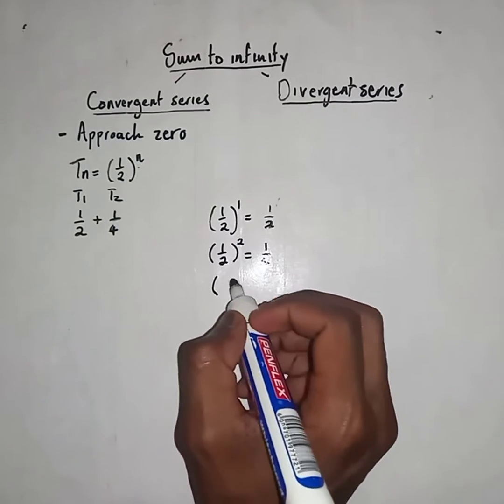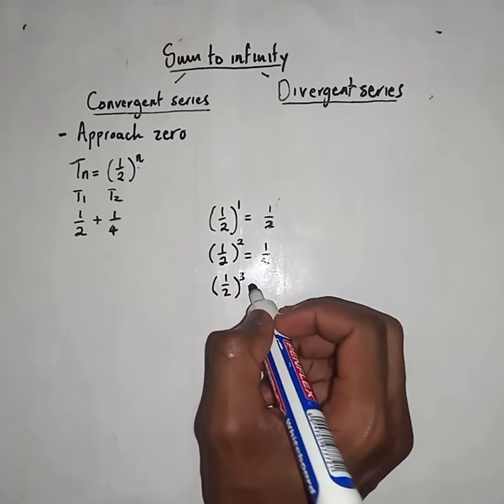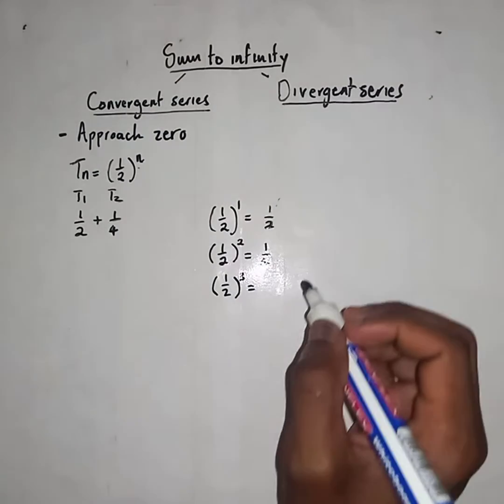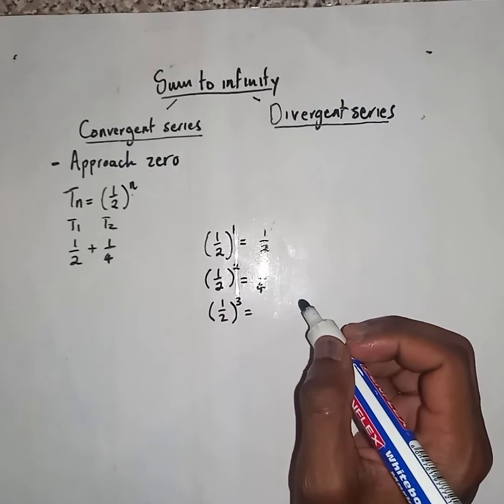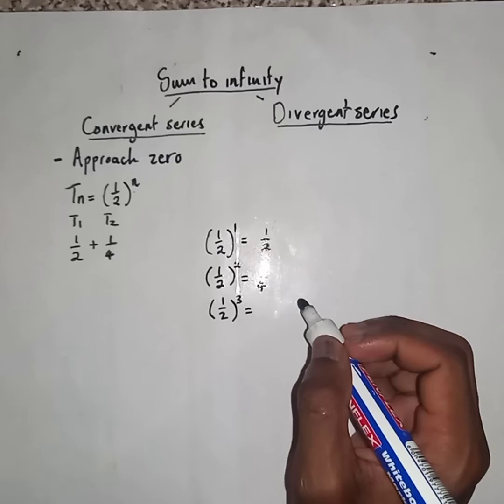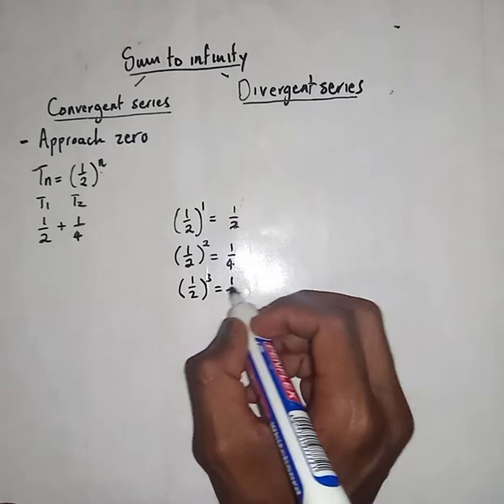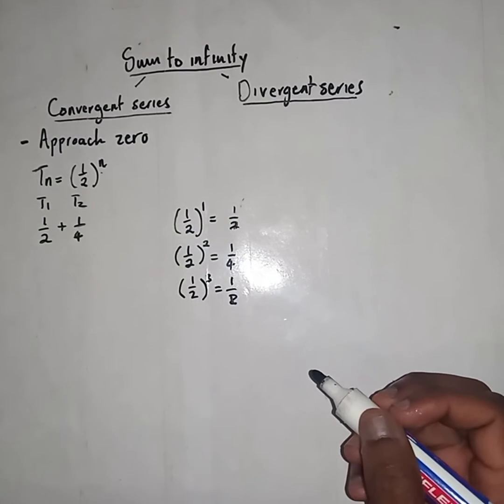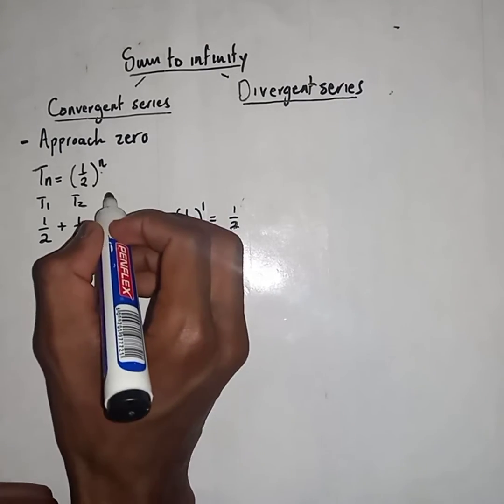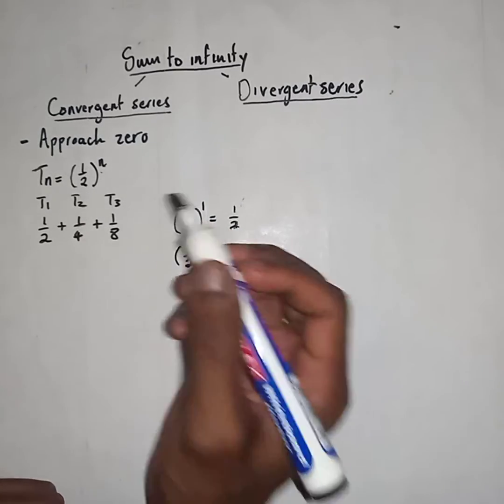If we were to continue by substituting term number 3, we would get 1 over 8, which is term number 3.